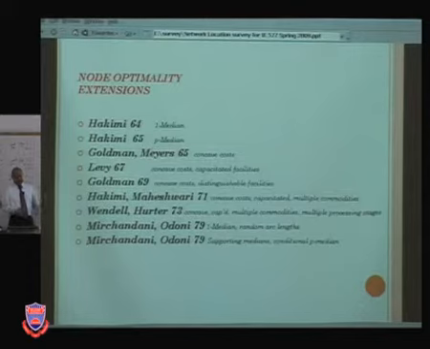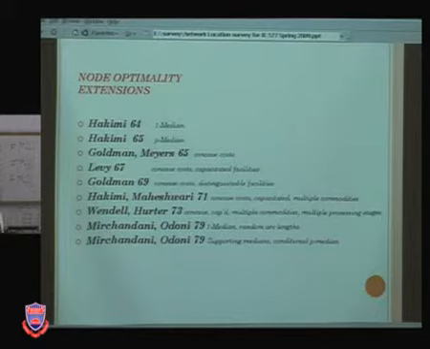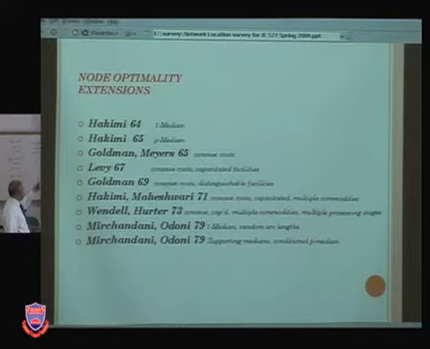In those algorithms, of course, you simply enumerate all possible choices of p nodes from the network. So certain extensions of the node optimality result have also been given. Hakimi gave it for the one median case. Hakimi's 65 paper generalized it to the p-median problem. I also gave you proofs for that.